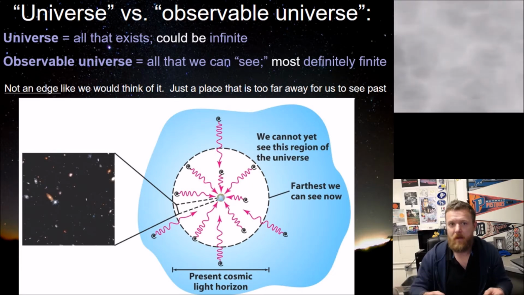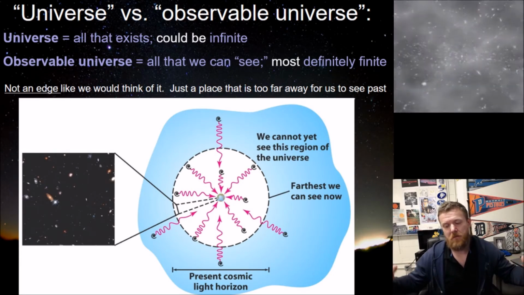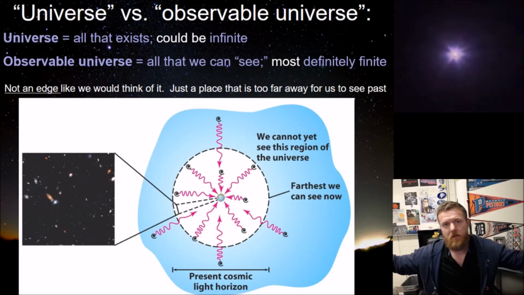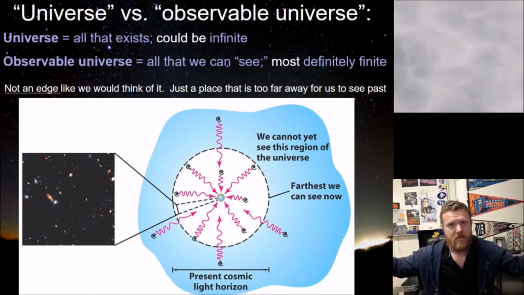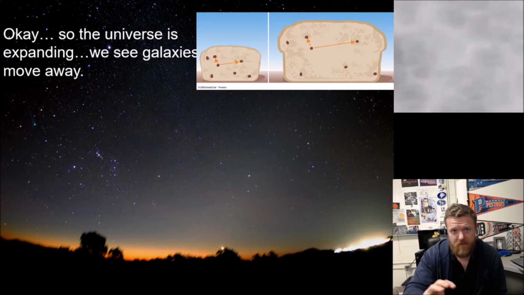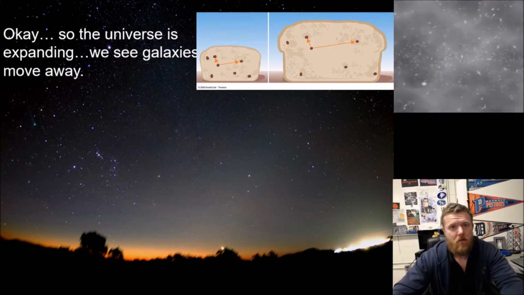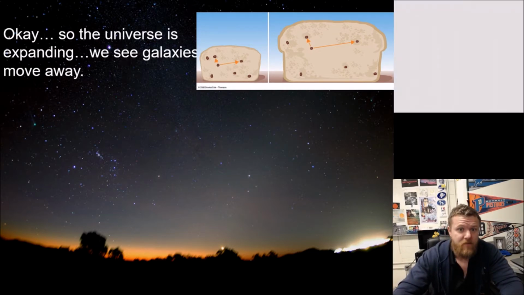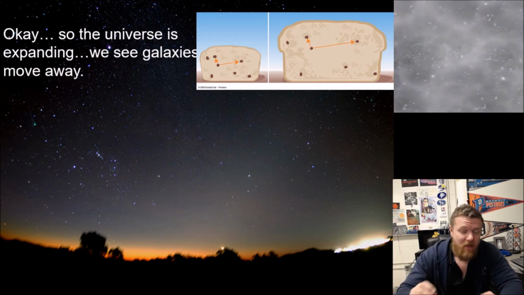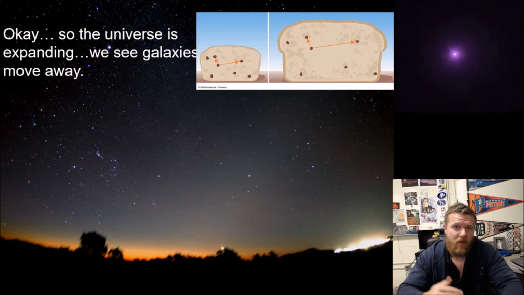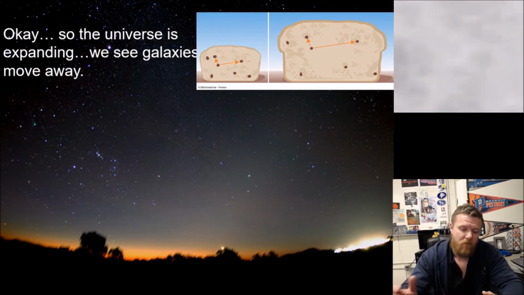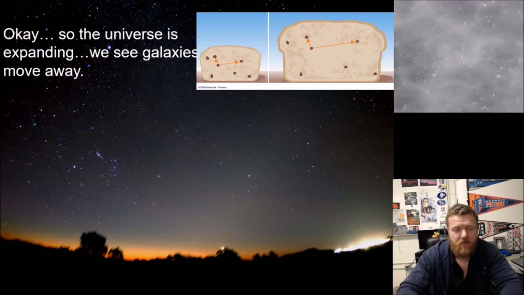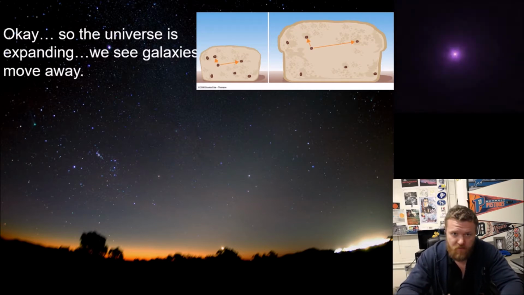So if you come back in 1 billion years, then the observable universe will be 1 billion light years past what it is now. Alright, so the universe is expanding. We figured that out last week. We see the galaxies moving away, which means today galaxies are farther away than they were yesterday. So the universe was smaller yesterday, and last week the universe was even smaller.